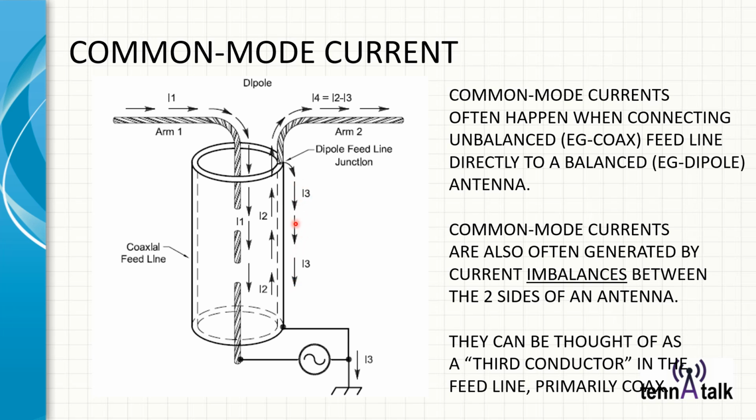And that can often happen when connecting unbalanced coax to a balanced dipole. These currents are often generated by imbalances between the two sides of an antenna, and they can be thought of as a third conductor in the feed line, primarily on the coax.